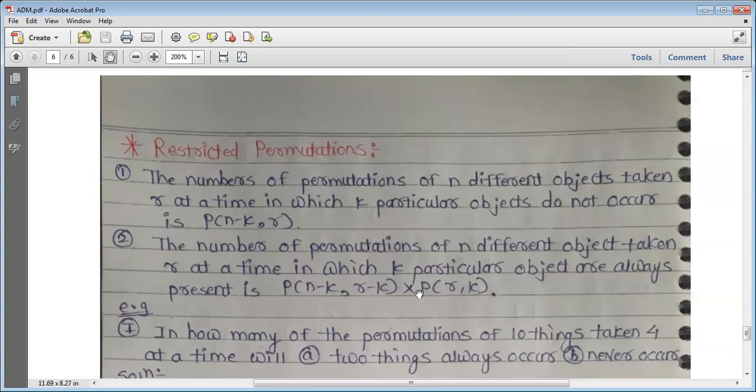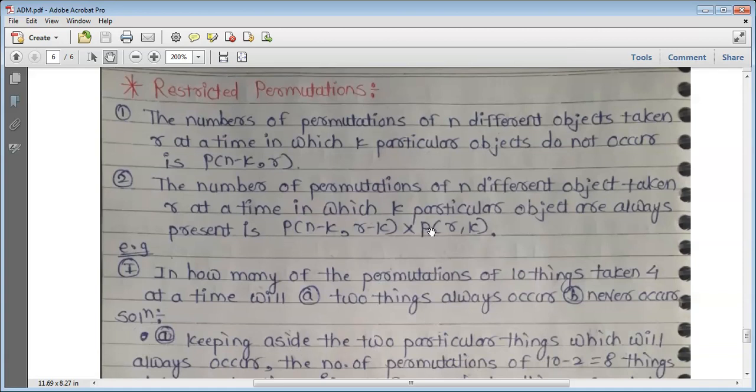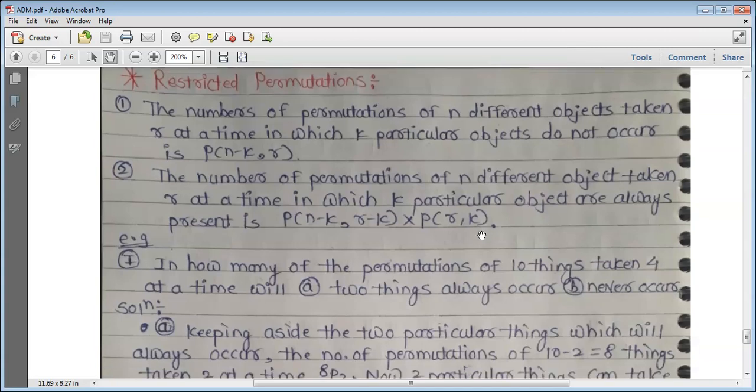So the number of permutations is the permutation of n minus k things taken r minus k at a time, into the permutation of r things taken k at a time.